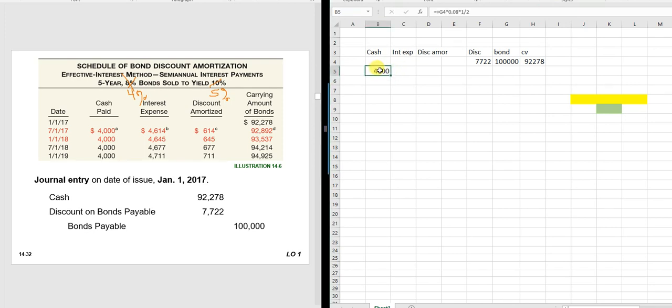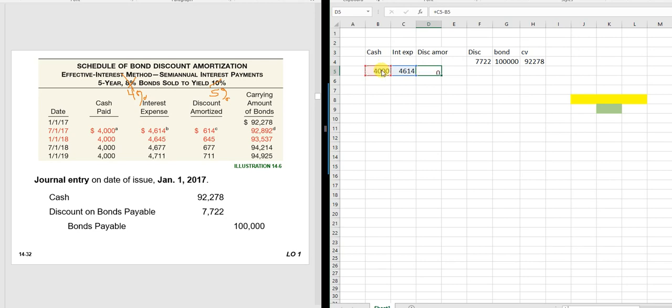So I've got my face value times my face rate, which is 4%. My interest expense is always my carrying value times the market rate, which is 5%. So my interest expense is that. And so my discount is going to be simply interest expense minus cash.